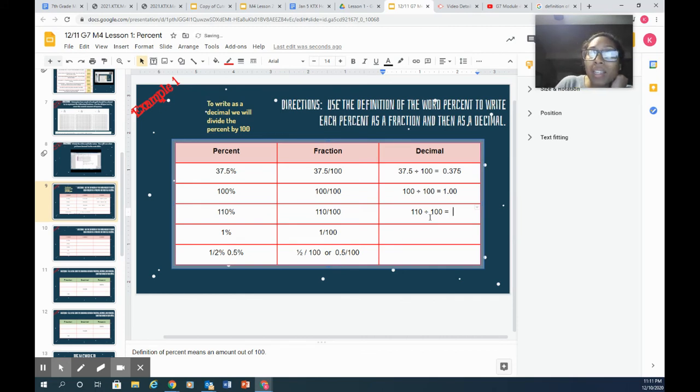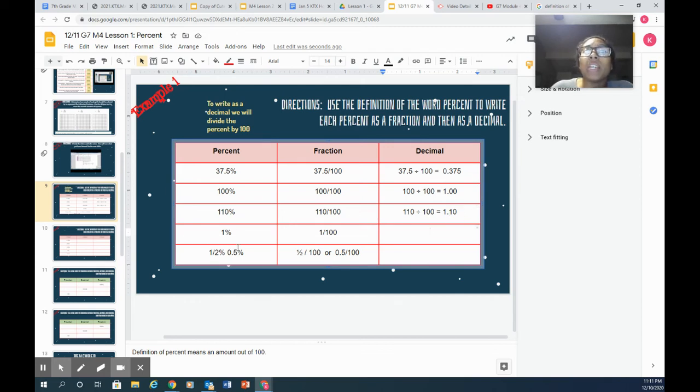So when we rewrite this, the 0 that was in the ones place shifts to the tenths place, and when we shift again, it's shifting to the hundredths place. So we place our decimal right here in between, which leaves us with 1 and 10 hundredths.